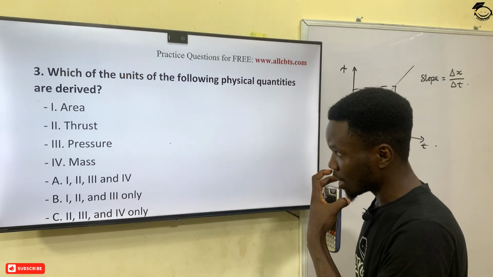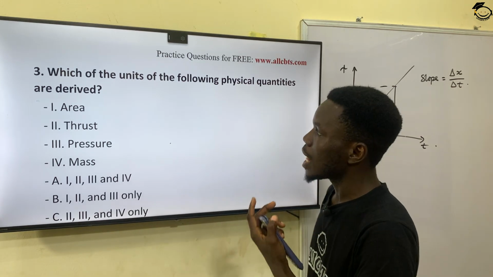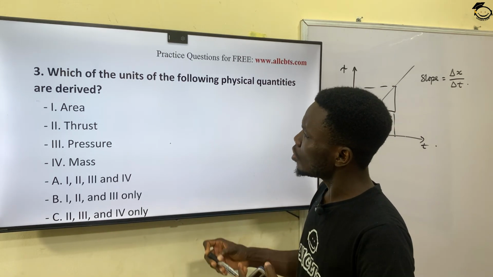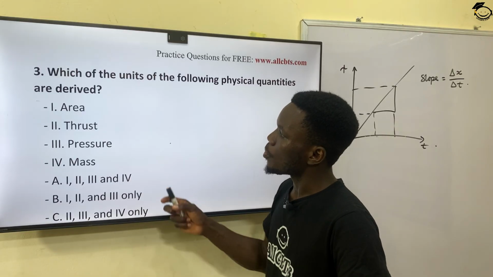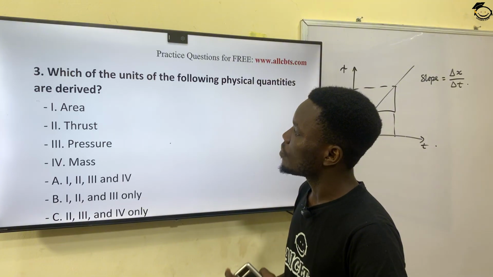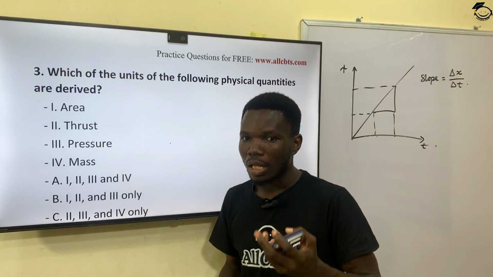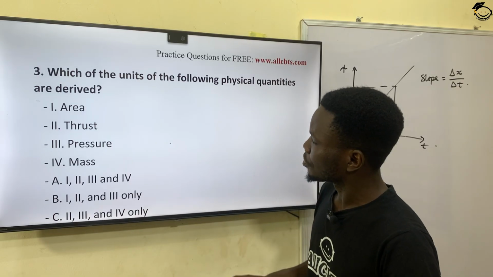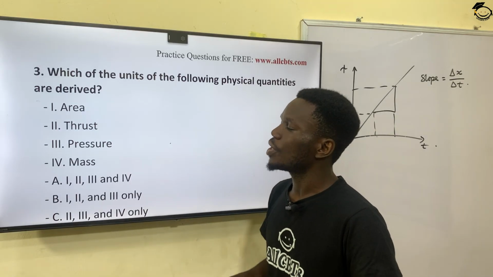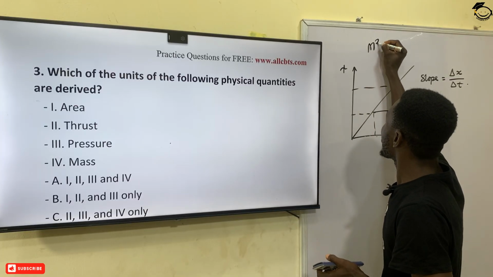So that takes us to question number 3, which says, which of the units of the following physical quantities are derived? Looking at the physical quantities that we have: area, thrust, pressure, and mass. What is the unit of area, for example? The unit of area is meter square.